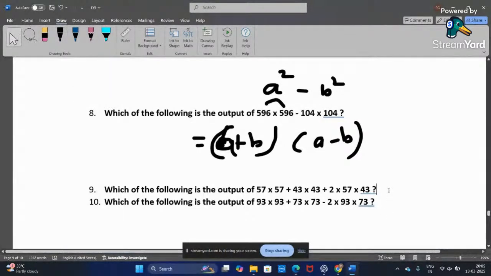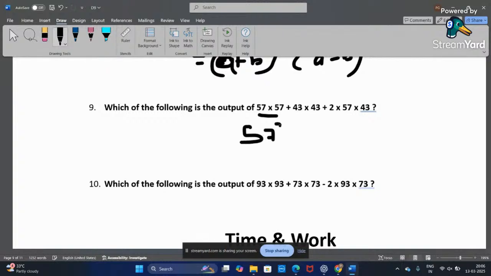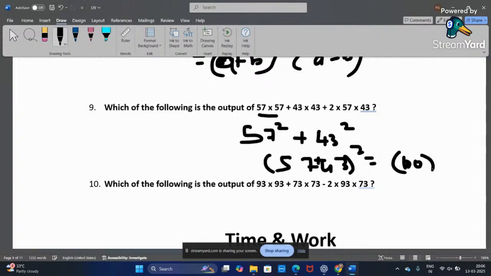Then here the formula is elaborated, right? It is twice, so it is 57 square plus 43 square, right? So take the square outside. 57 plus 43 is 100, the whole square will be 100 square.